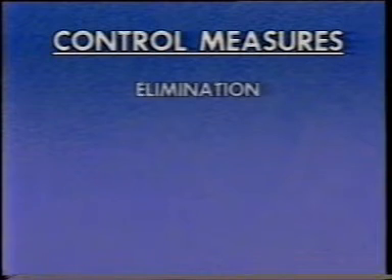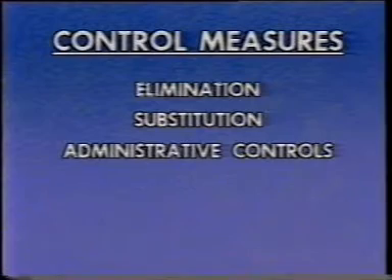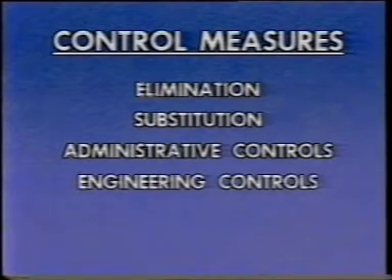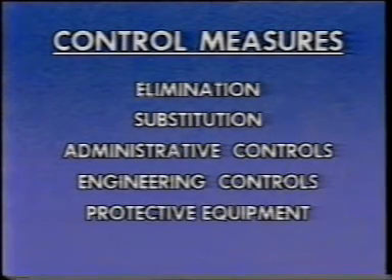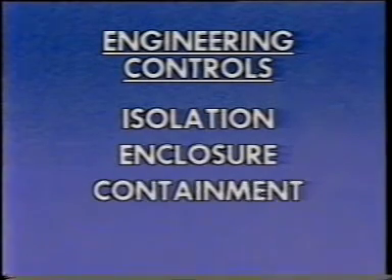Control measures start with elimination, which is the ultimate control, through to substitution, administrative controls, engineering controls, and finally the option of wearing protective equipment. With the engineering controls, we break this down into 4 groups: isolation, enclosure, containment, and limitation.